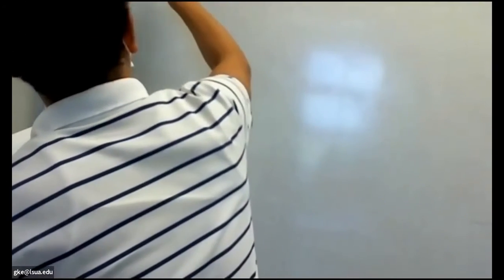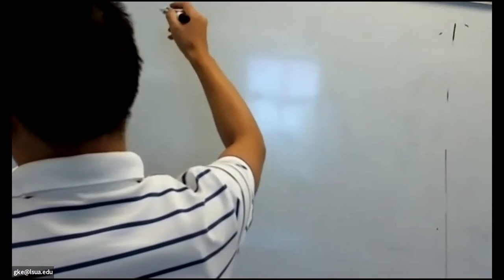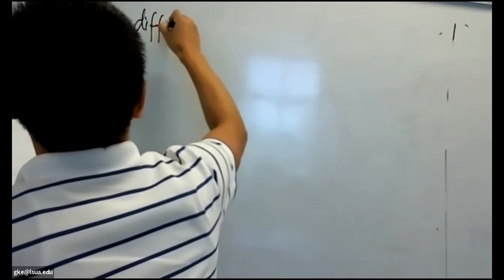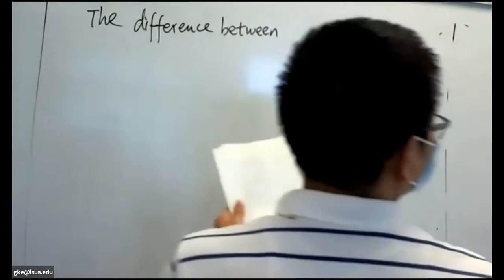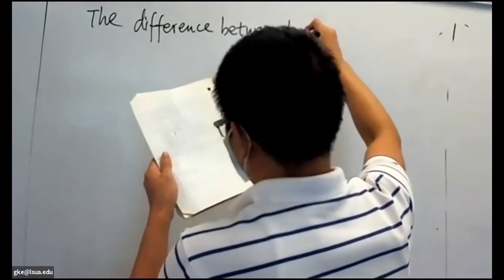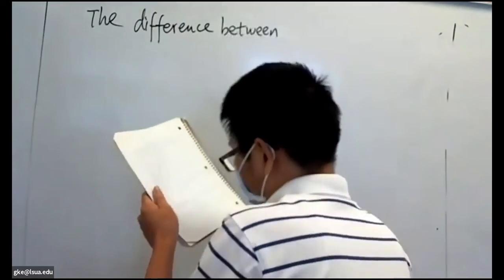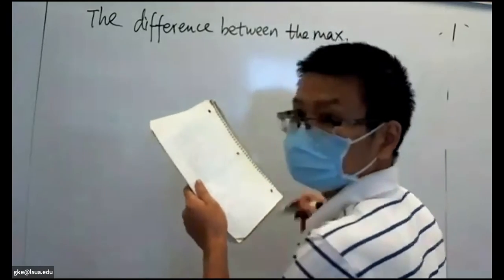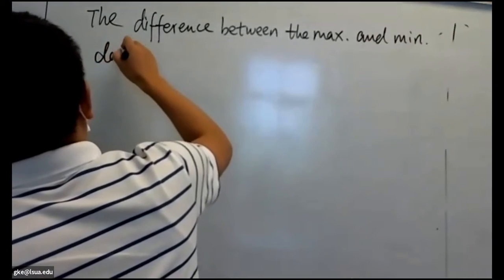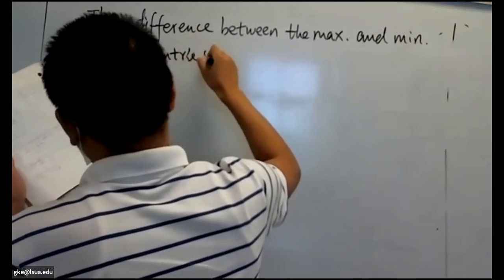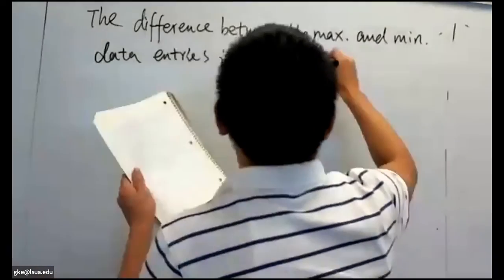The third one. The difference between the maximum and the minimum data entries is called the range.